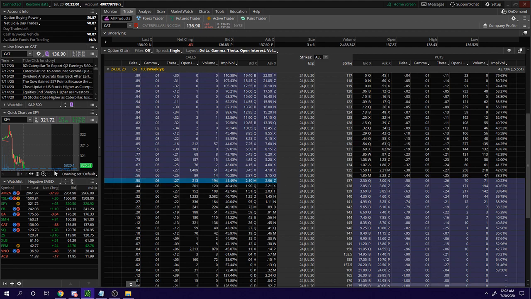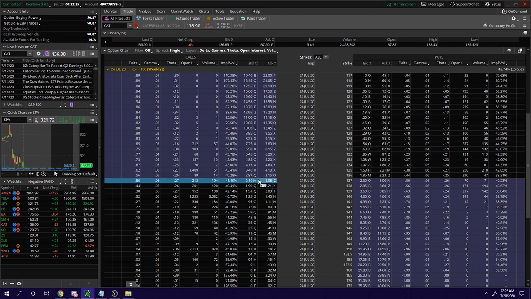The reason is that, like we mentioned earlier, one contract controls 100 shares, and the bid and ask value represents the cost per share of premium. So this one is $2.19 per share of premium.